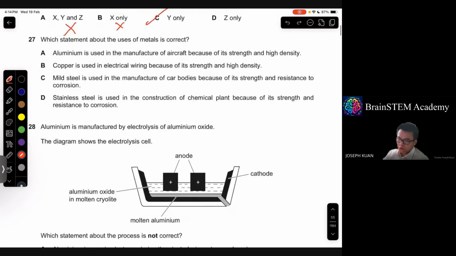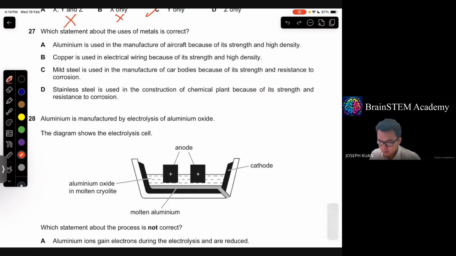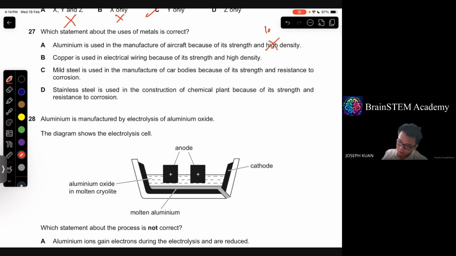27. Which statement about the uses of metals is correct? Aluminium is used in the manufacture of aircraft because of its strength and low density. Copper is used in electrical wiring because of its strength and high density. Not exactly relevant to the function. You look at others. Mild steel is used in the manufacture of car bodies because of its strength and resistance to corrosion.